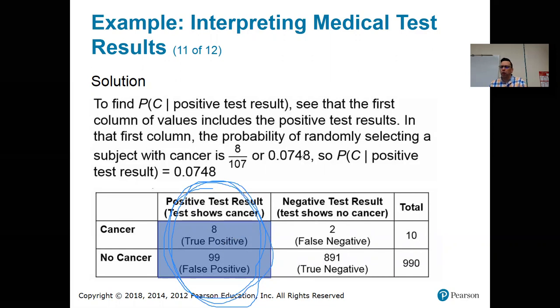So the moral of the story is you either need tests that are much more reliable, or if you get a positive result, you should do the test again, or even both of those things. It's kind of surprising, right? You take this test, it says you have cancer, there's actually only a 7.5% chance that you actually do.